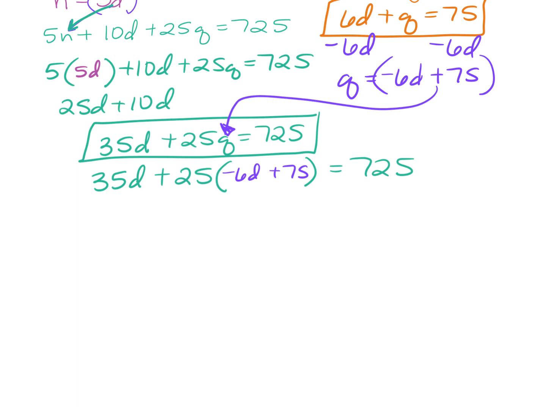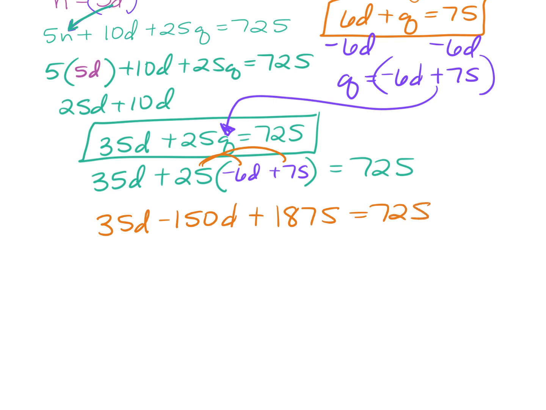What's your next move? Distribute. So we're going to say 25 times a negative 6 is a negative 150. So 35D minus 150D plus 25 times 75 is 1875 equals 725.